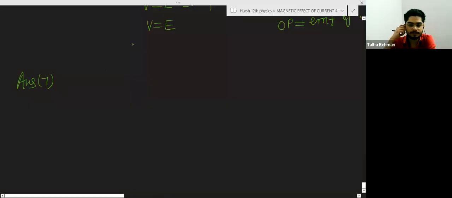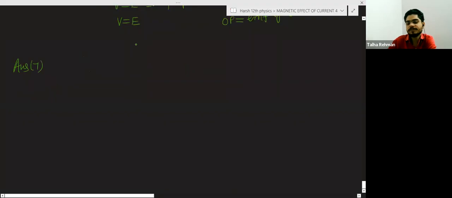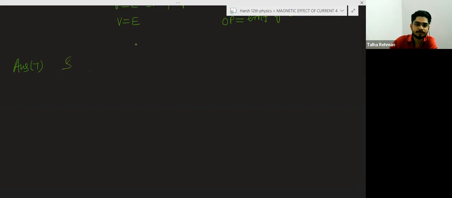Question number 7. In question number 7, they are saying to plot the graph of resistivity with temperature. So how will the resistivity vary with temperature for the semiconductor.